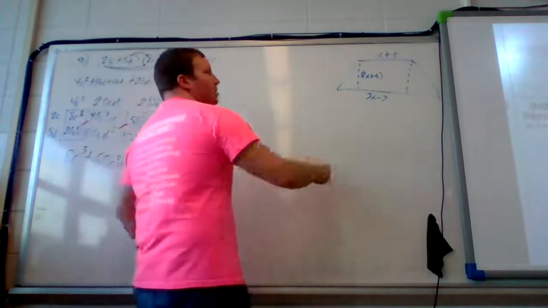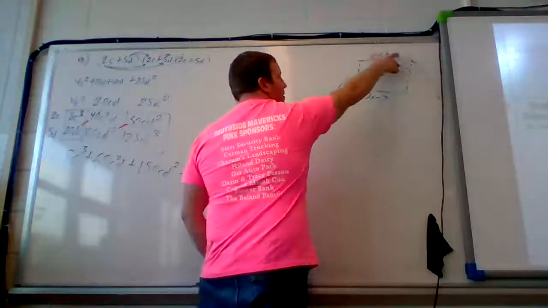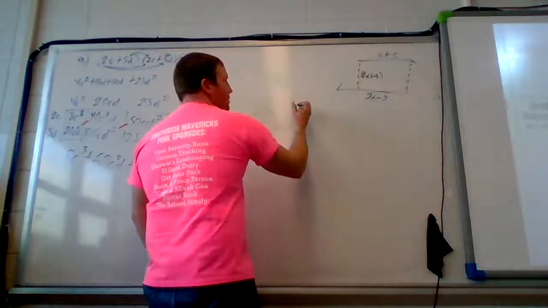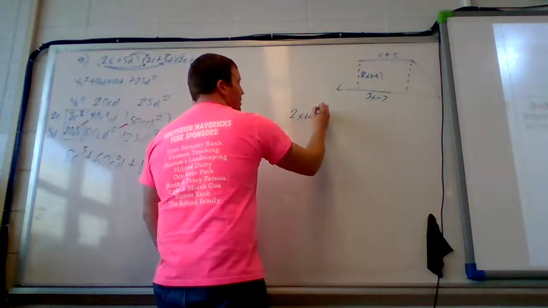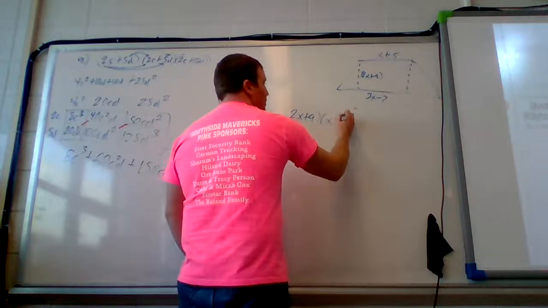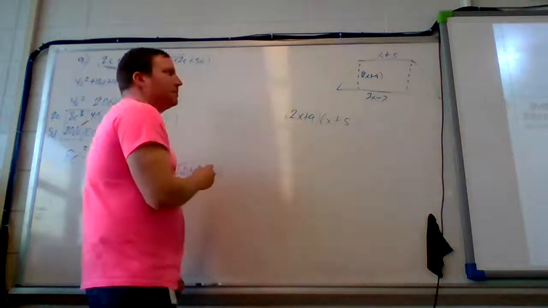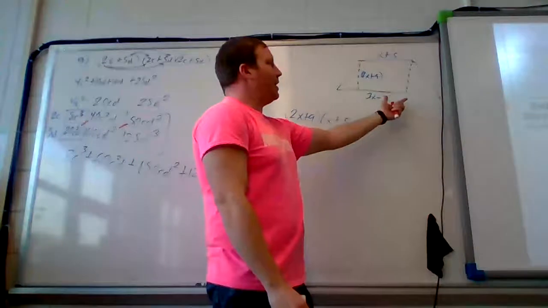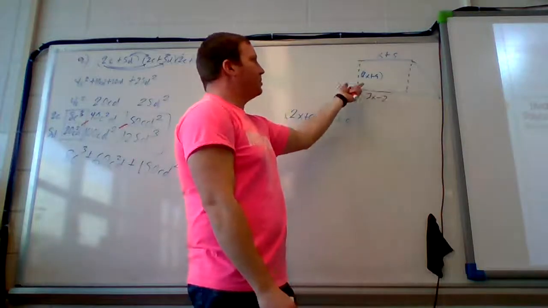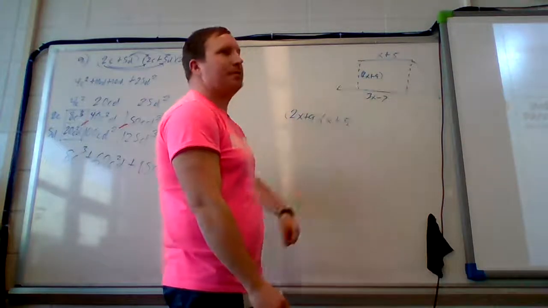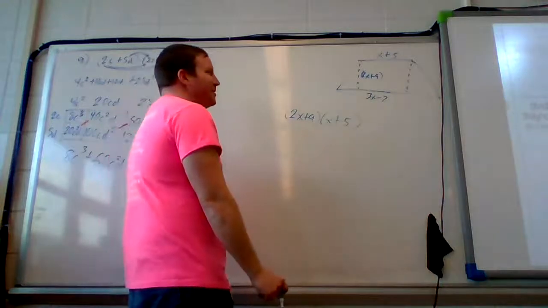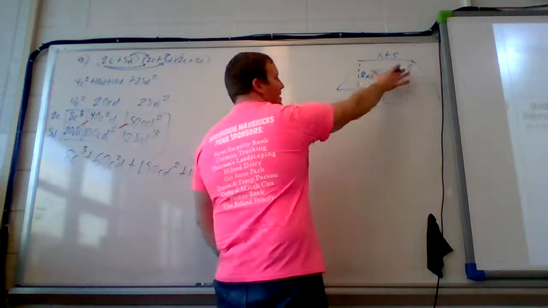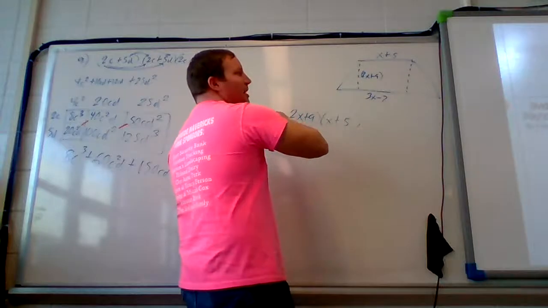So we can get the area of the inside part by doing x plus 5 times the 2x plus 9. And then we can find the area of the triangle parts. Now we're just writing an equation, we're not going to solve it.